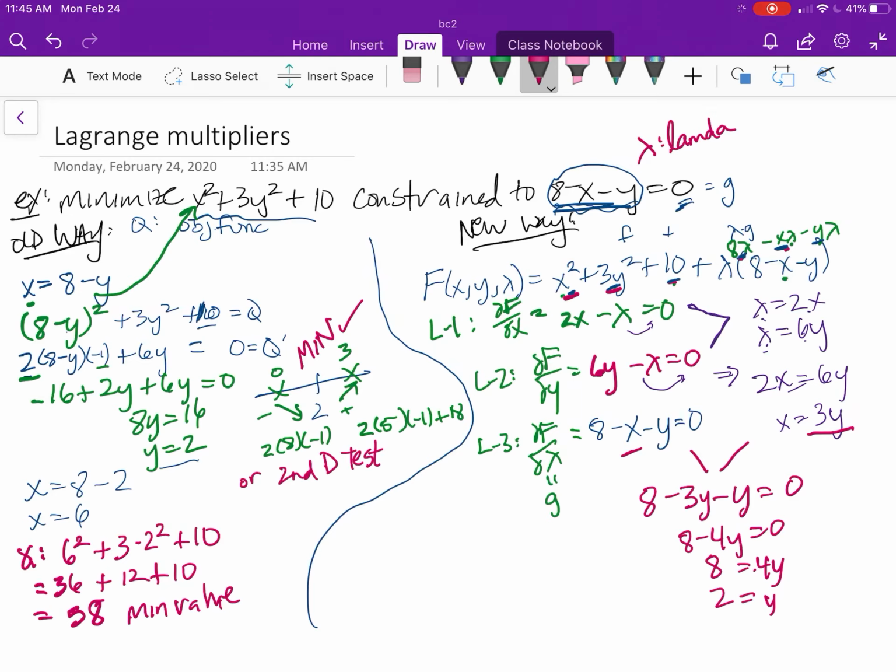And if y is 2, we could substitute one more time back into L3, right back into g, to get 8 minus x minus 2 equals 0. So 6 minus x equals 0, so x is 6. Y is 2, x is 6, 6, 2, just like we got in our old way, right?